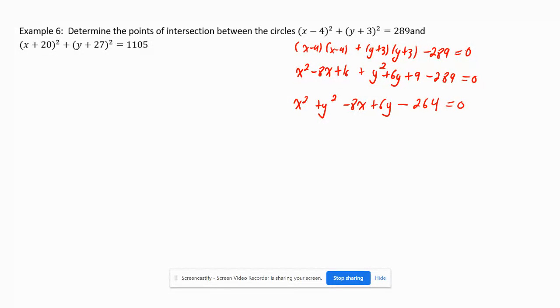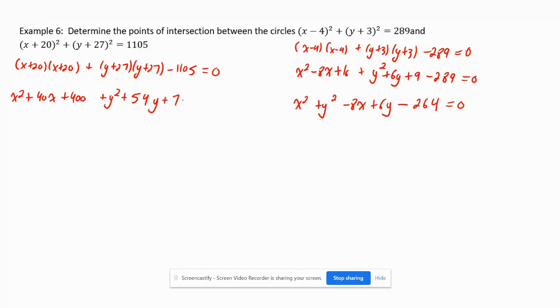All right, so there's our equation number one. Do the same thing for the second circle here. Guys, that was quick, but all I'm doing is expanding these binomials here.